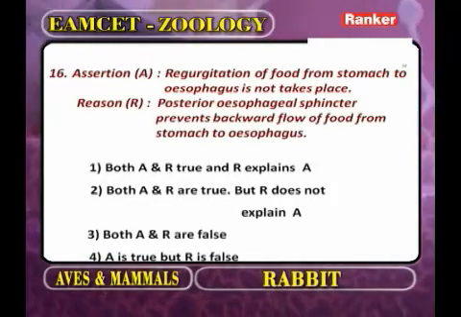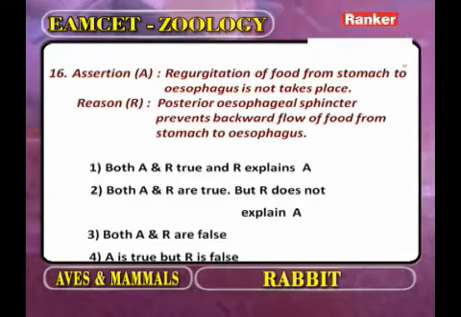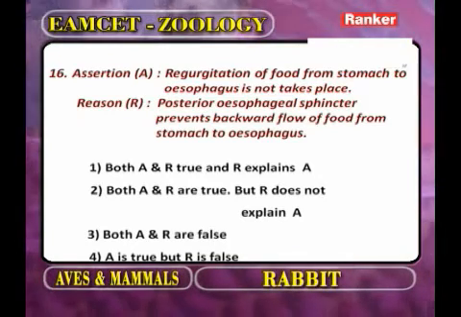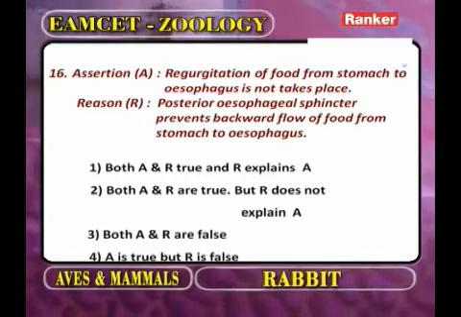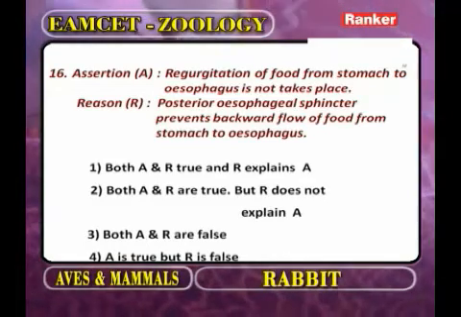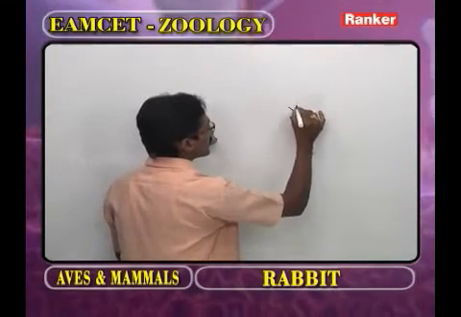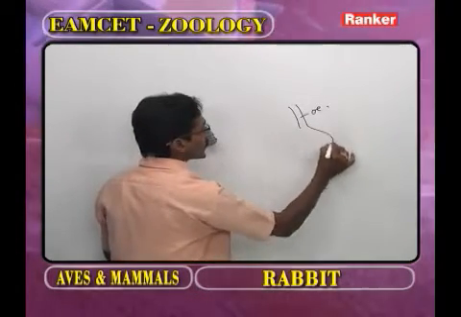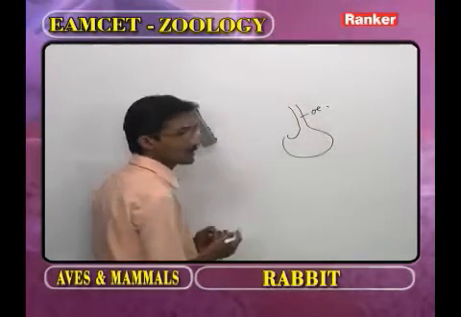Assertion: regurgitation of food materials from the stomach to the esophagus does not take place. Now, as we observe the parts of the alimentary canal, this one we call the esophagus. The esophagus opens into the stomach.